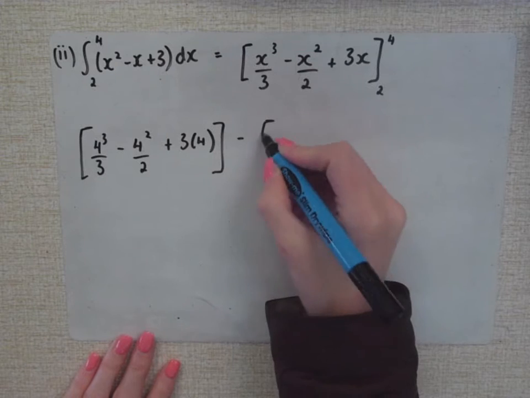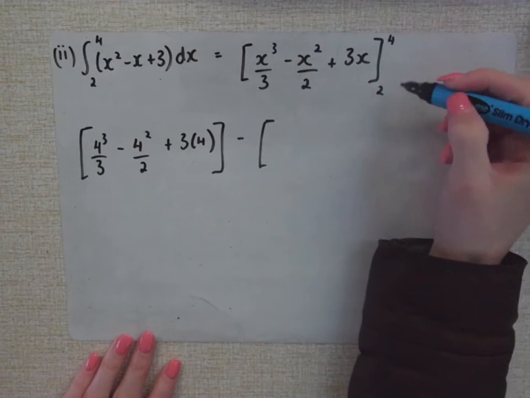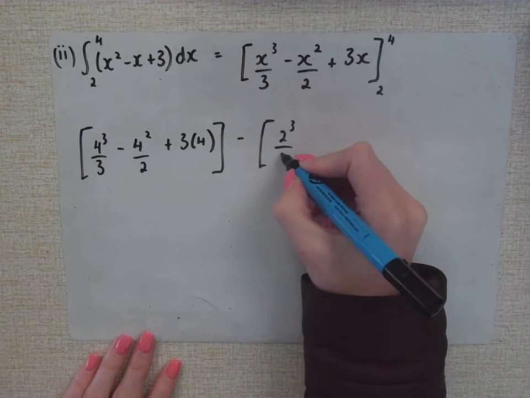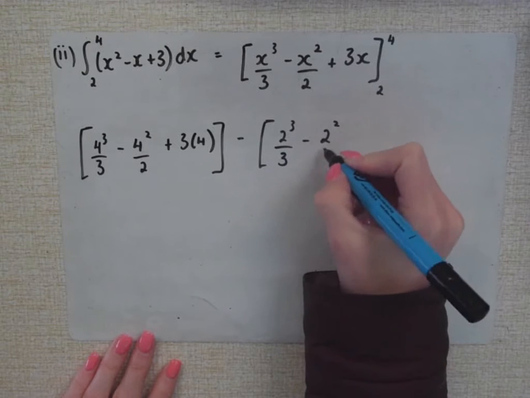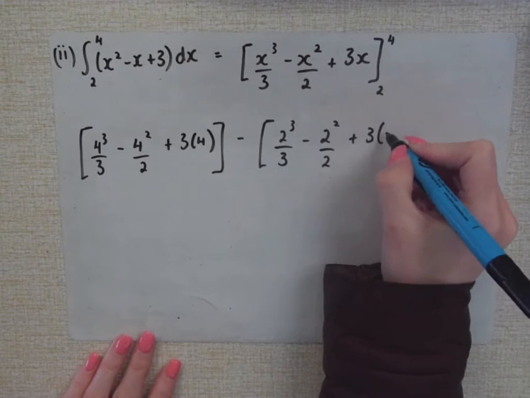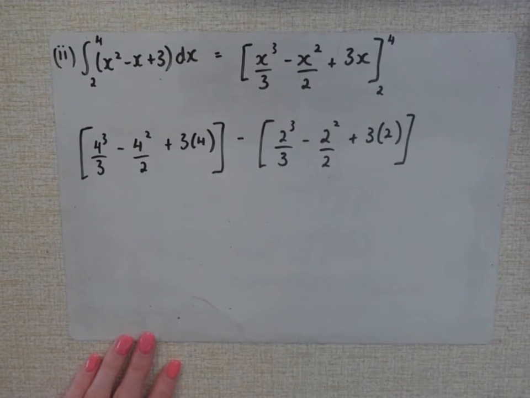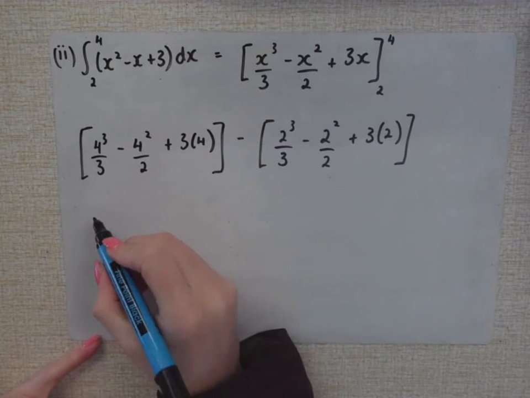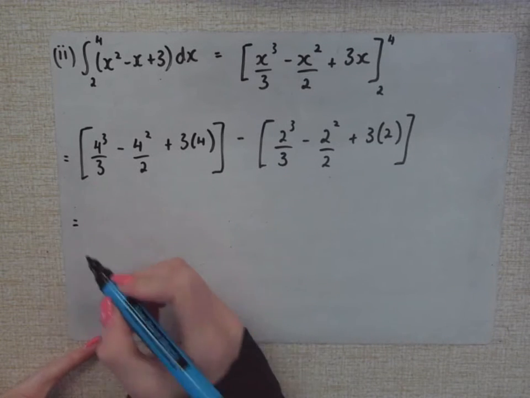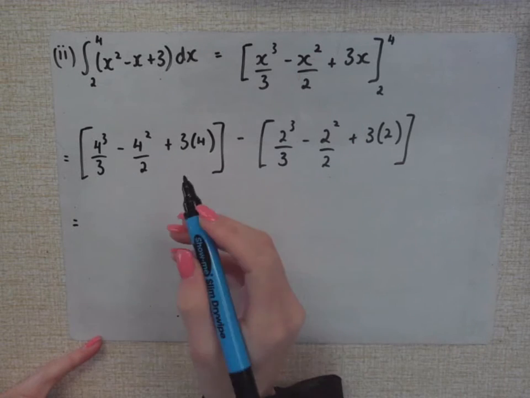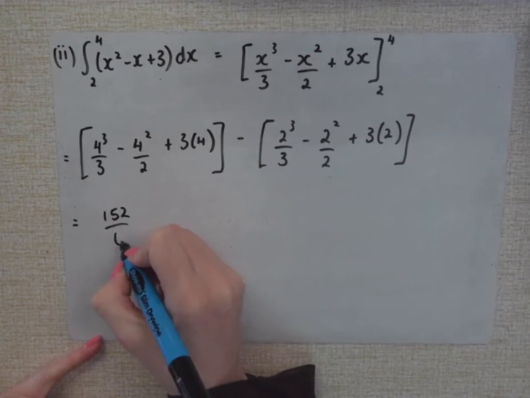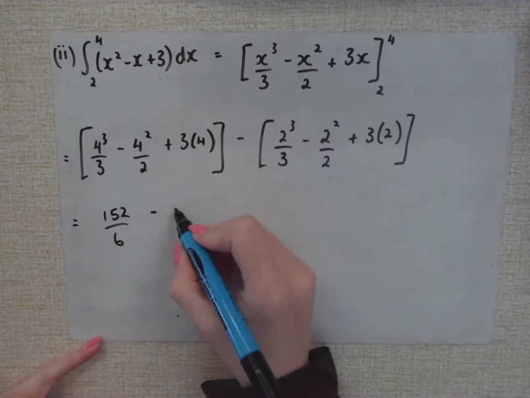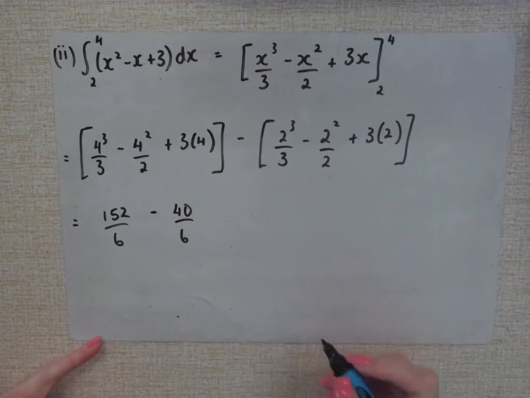And you're taking away your other limit, so your upper and your lower limit. Just throwing that into your calculator, you get 152 over 6 here minus 40 over 6 here.